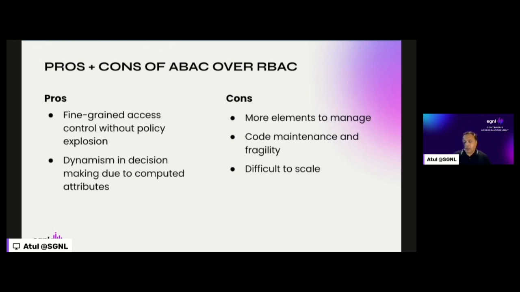You can just say that any file that has a certain attribute, like let's say EU residents only, right? And then you match that with the user attribute, whether that user is an EU resident or not, and then you can apply that single policy to any file, right? Whereas in a role or group based system, you would have to define these roles and groups for every one of those files. So that is why you see that there is less of a policy explosion with attribute-based access control. But then at the same time, you end up with more things to manage, right?